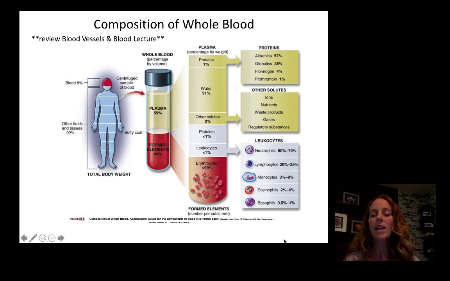And if you review the blood lecture, you'll see the different forms of leukocytes, where we describe how to tell them apart. So the leukocytes are neutrophils, lymphocytes, monocytes, eosinophils, and basophils. We also talk about mast cells and related cells, like natural killer cells.